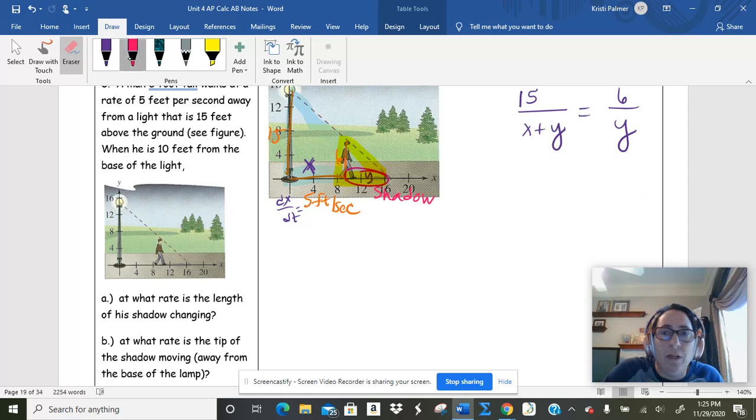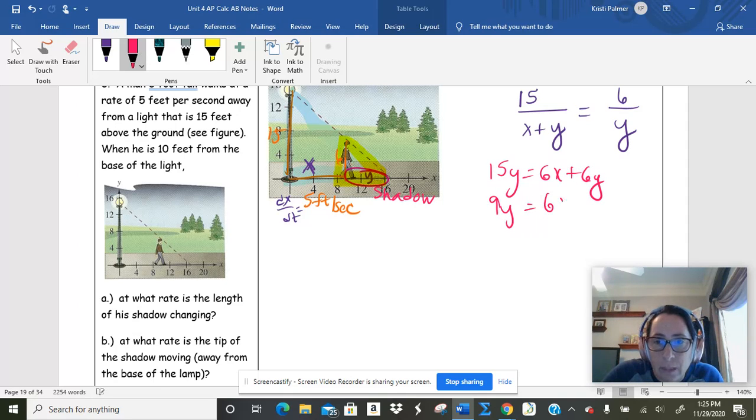There are lots of ways you could set this up, okay? But whatever way you do it, now you need to cross multiply. And then I just get my y's together. And now we've got it down. You can simplify it as much as you want. I'm going to go ahead and solve for y, because we typically always solve for y.